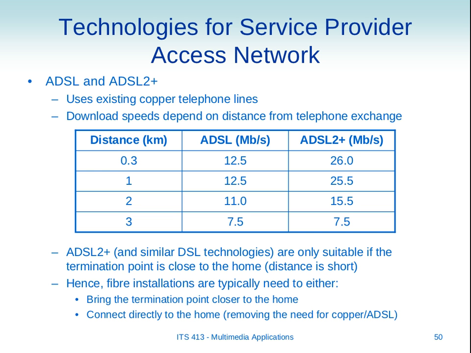So we'd like to remove this copper line, but that's expensive. So we'd at least like to reduce the distance. Bring the home closer to the exchange, not possible, you cannot move the home. Bring the exchange closer to the home. That's what we'll see we can do with the next options.